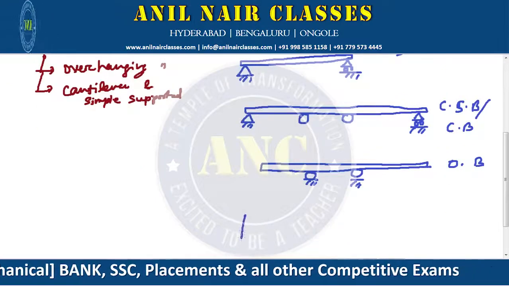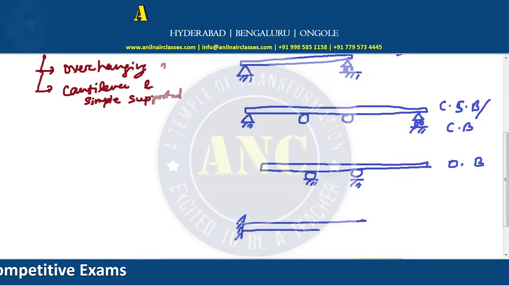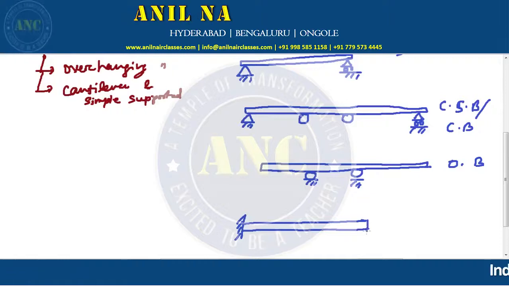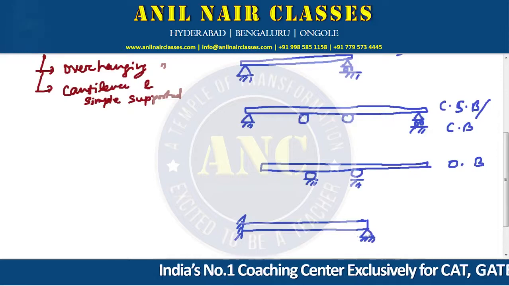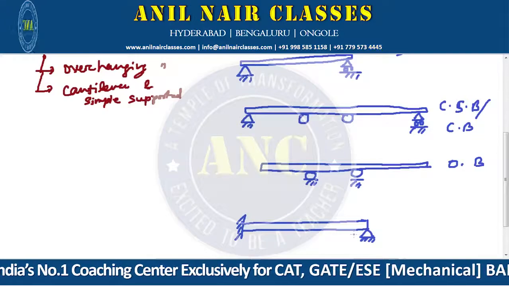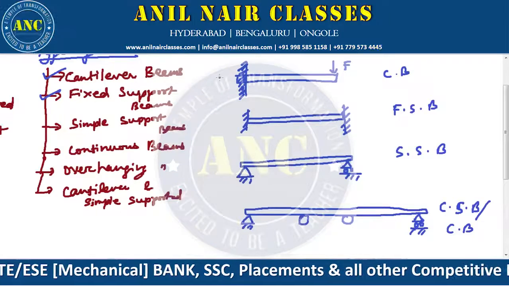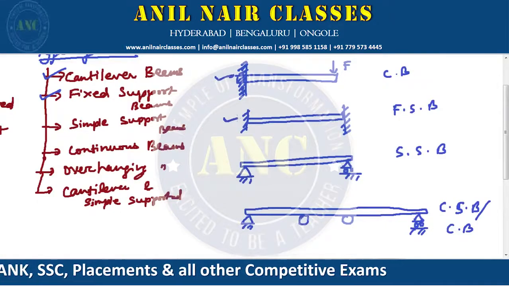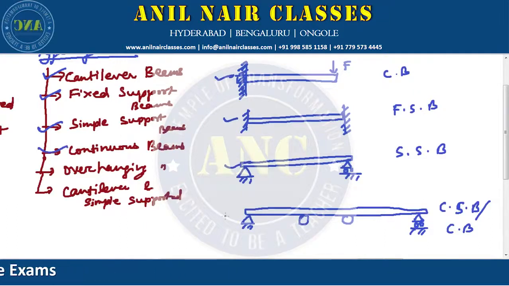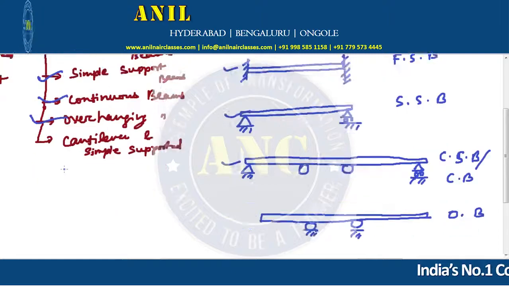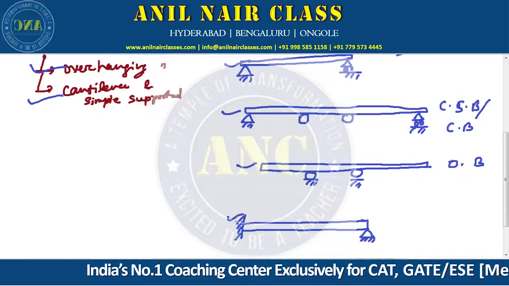Cantilever means one end is fixed, and simple supported means the other end is with either a hinge support or a roller support, correct or not? So this was all about cantilever beams, fixed support beams, simple supported beams, continuous beams, overhanging beams, and finally cantilever and simple supported beams.